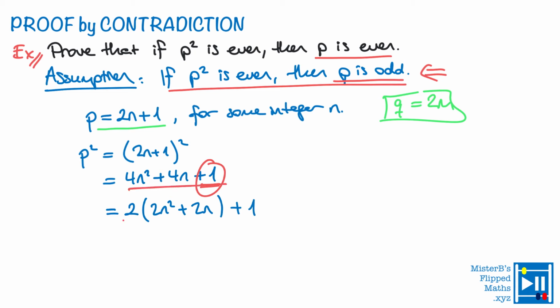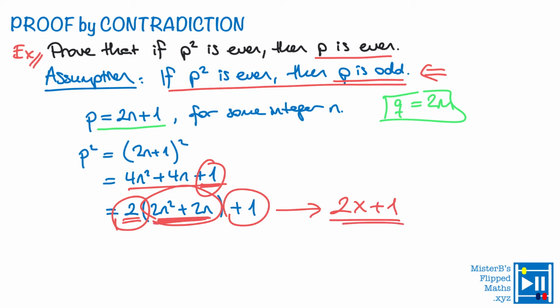I'm just taking out whatever I need, because now this looks like a number, an integer, 2n squared plus 2n, multiplied by 2 and added 1. This is in the form of, let's say, 2x plus 1, x being this expression here. So this looks like an odd number. So I can now say that p squared is odd.